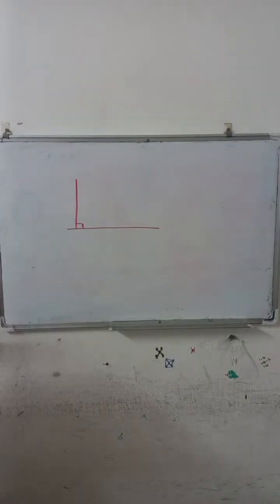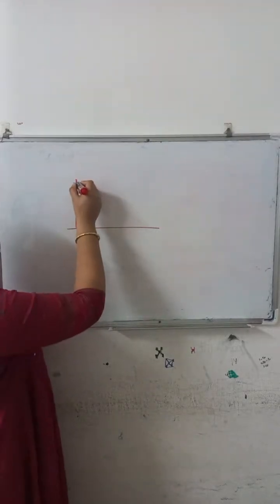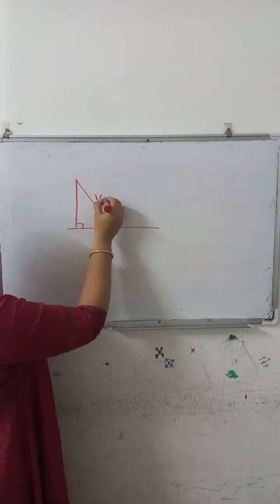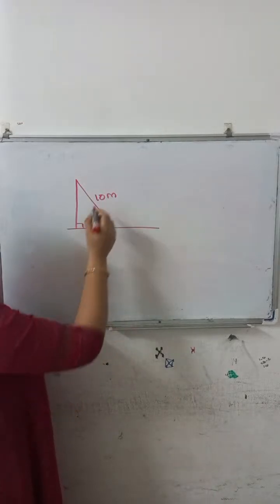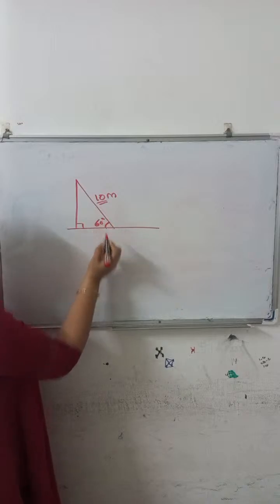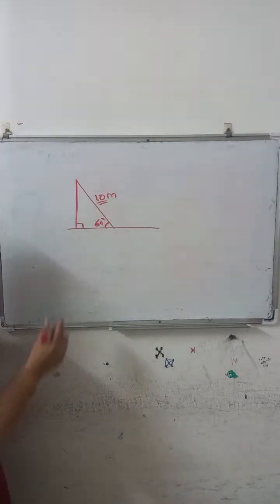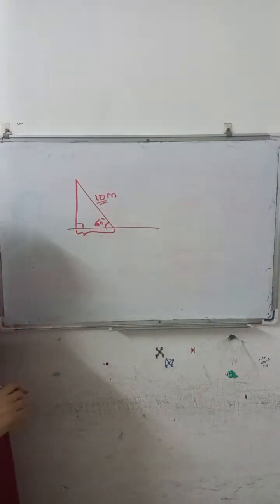The ladder leans against the wall, and the total length of the ladder is 10 meter. It makes an angle of 60 degree with the ground. How far is the ladder kept from this building? So this distance I have to calculate here.